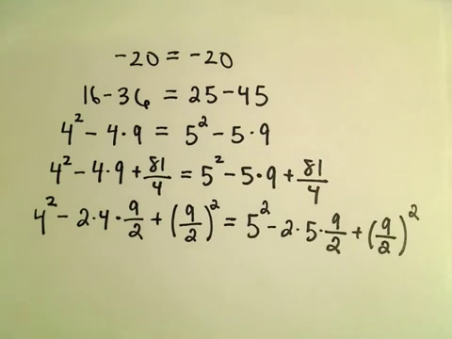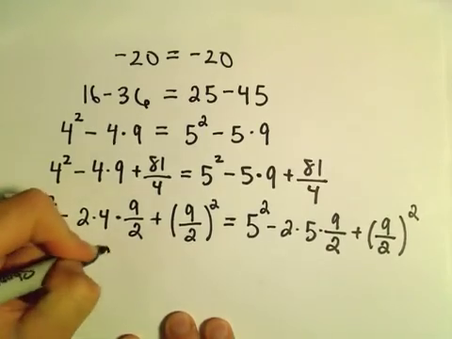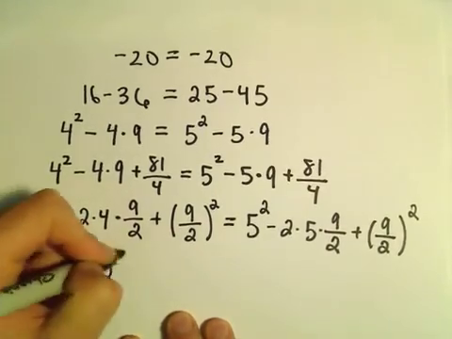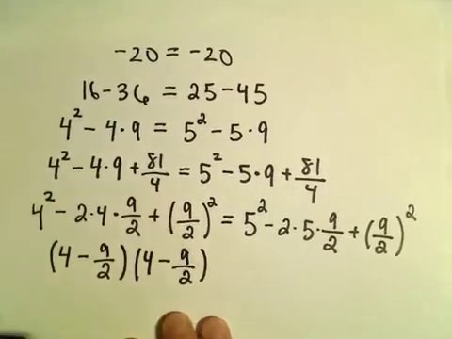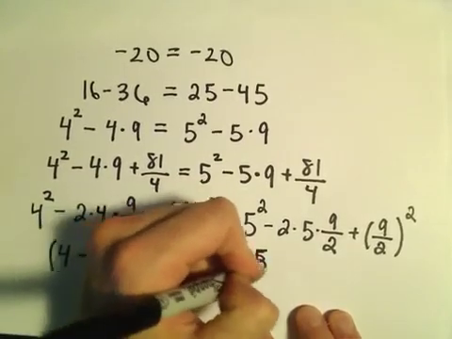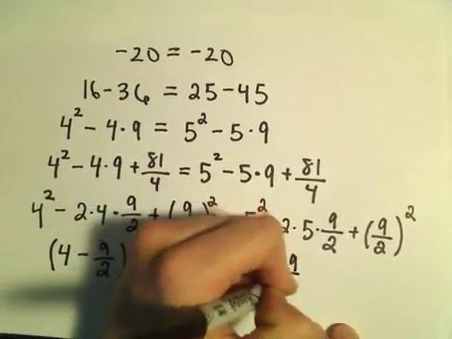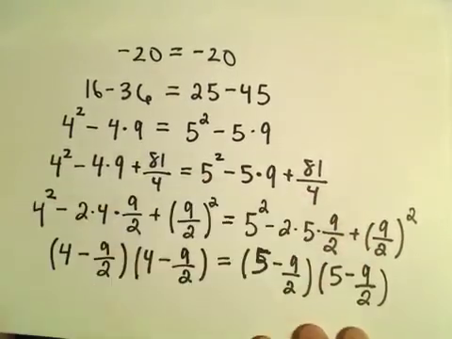Well, the reason why we do this is this now factors nicely. This actually factors as 4 minus 9 over 2 times 4 minus 9 over 2. And the right side is going to factor as 5 minus 9 over 2 times 5 minus 9 over 2.